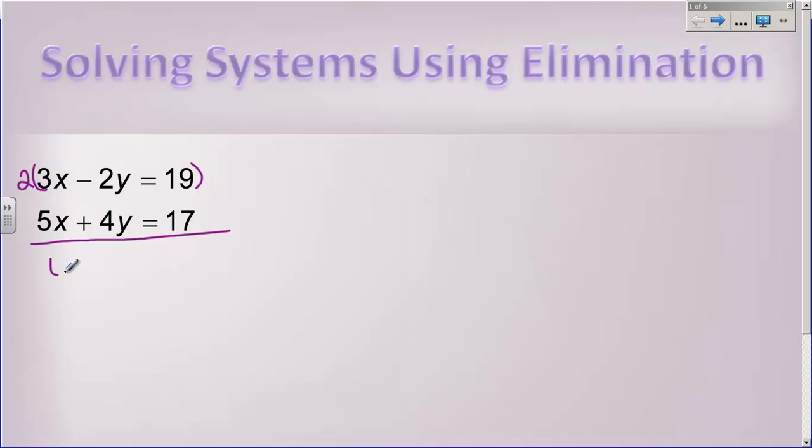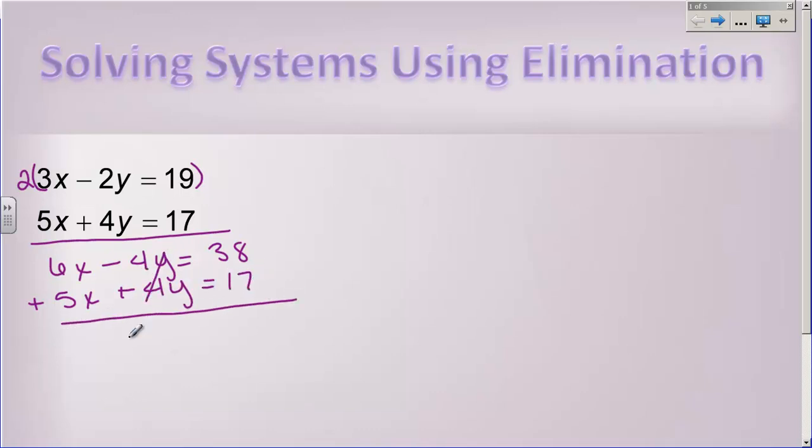So this becomes 6x minus 4y equals 38. And to that I'm going to add the bottom equation. So my y's cancel, so I end up with 11x equals 55.